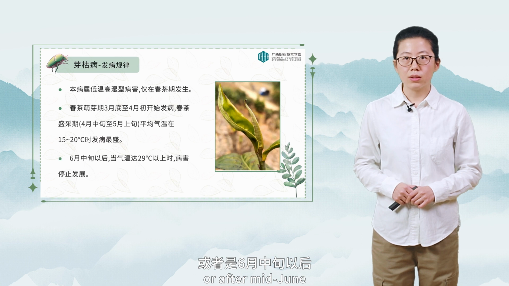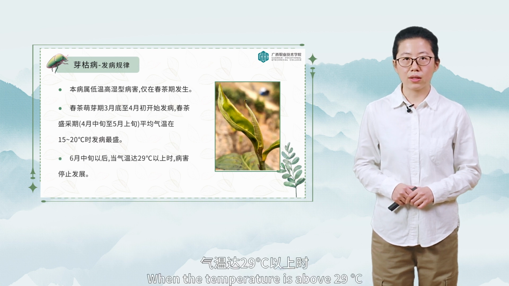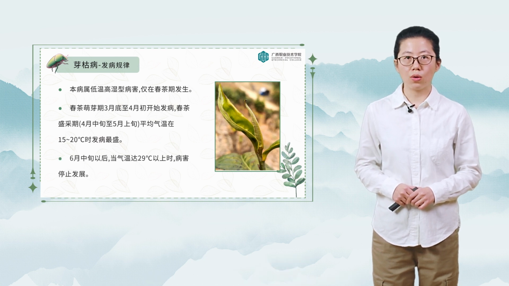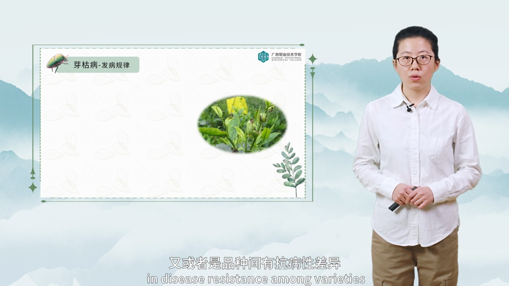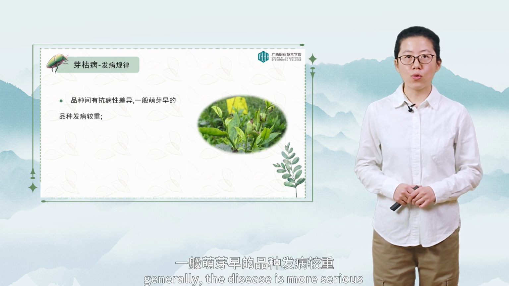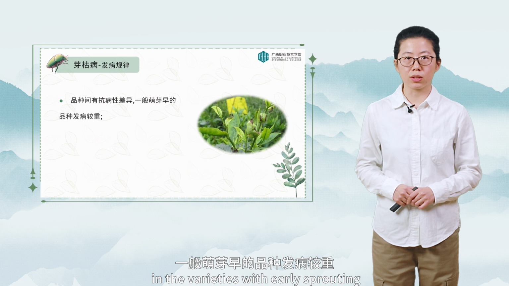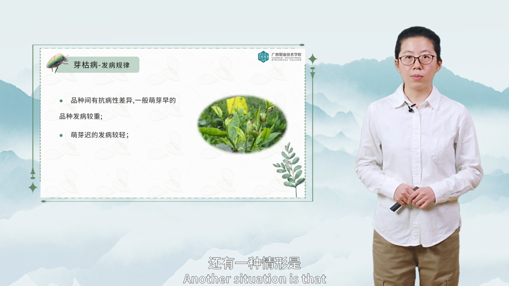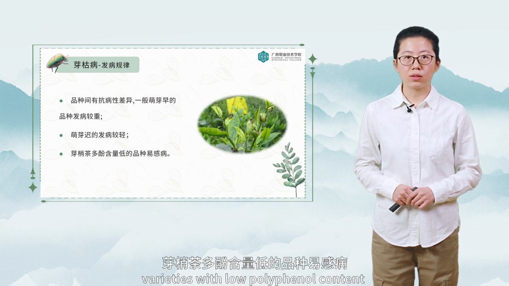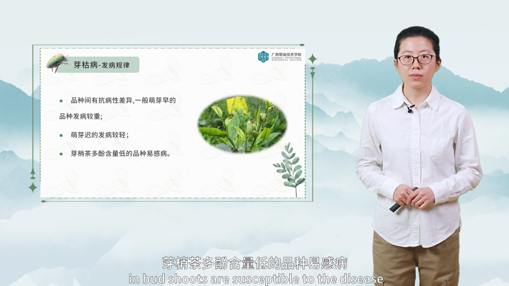After mid-June, when the temperature is above 29 degrees Celsius, the disease stops developing. There is also a difference in disease resistance among varieties. Generally, the disease is more serious in the varieties with early sprouting, and lighter in the varieties with late sprouting. Another situation is that varieties with low polyphenol content in bud shoots are susceptible to the disease.